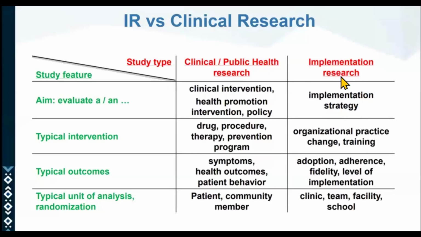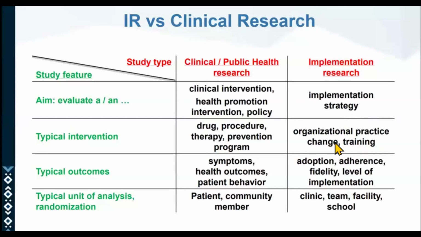And also the typical intervention type gives us the difference between clinical research and implementation research. Clinical research is mostly based on drugs, procedures, therapies, prevention programs, and you have implementation research based on practice change, training people as implementation strategies, and also based on the outcomes that we are going to be having.